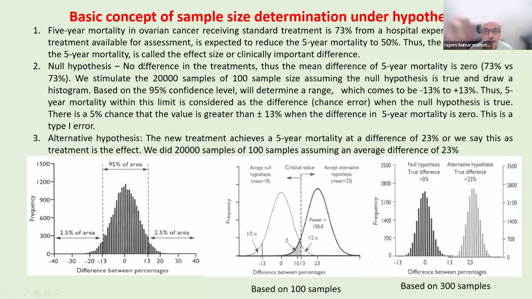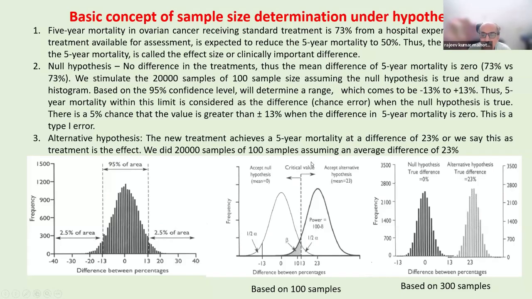So the same thing I do here, 20,000 simulations of 100 samples, and my mean comes to be 23. This normal distribution is for the alternative hypothesis, and this normal distribution is for the null hypothesis. Here I am assuming that there is no difference. Here I am assuming that there is a reduction of 23%. So that is my alternative hypothesis.